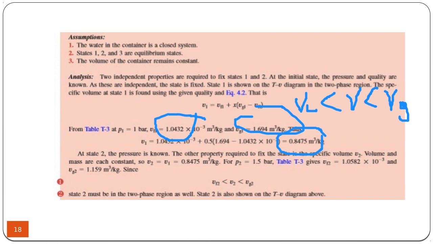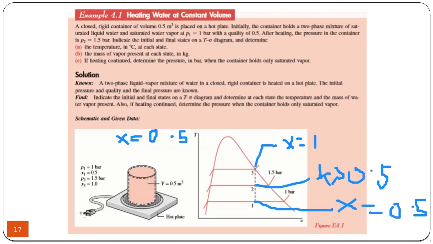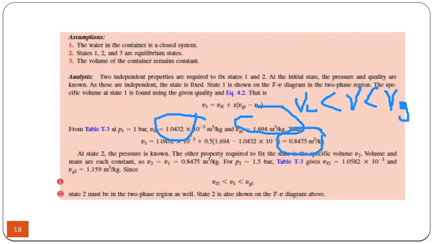As the pressure is increased to 1.5 bar, because the container is rigid, its volume does not change, so we have the same specific volume. Specific volume by definition is volume divided by mass.